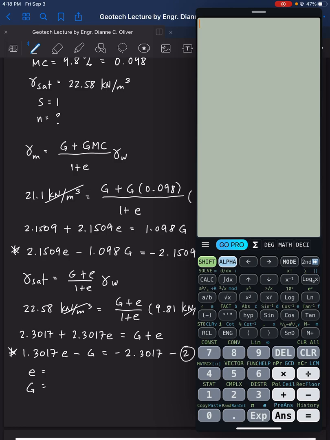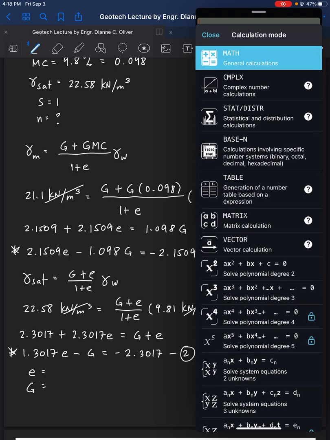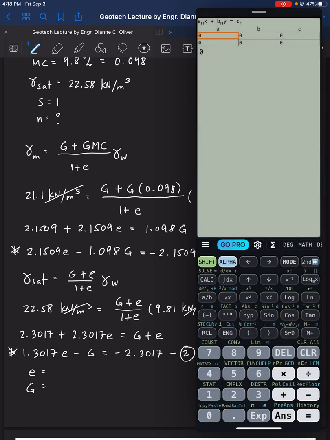Okay, so we have here mode, and then the equations. The equations is 2 equations, 2 unknowns. So here we have this one, 2 equations, 2 unknowns. The first one is 2.1509. Next, negative 1.098. Next, we have negative 2.1509.